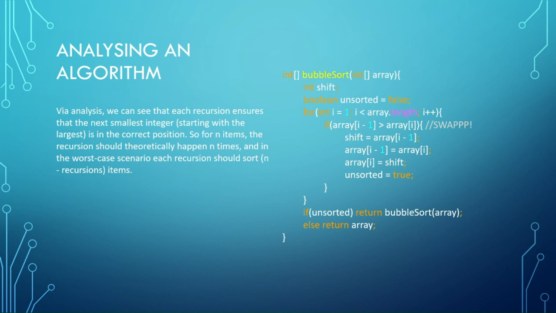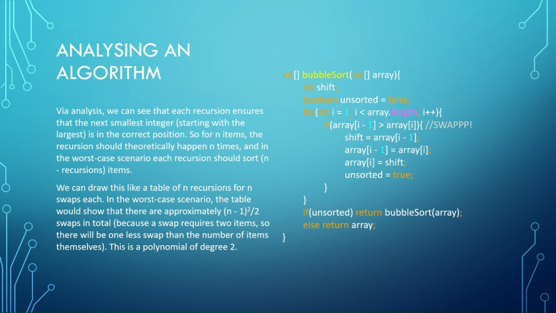And in the worst case scenario, each recursion should sort n minus previous recursions items, because if the previous recursions have sorted a certain number of the largest items, then only the smallest ones still need to be sorted. So that's in the worst case scenario.